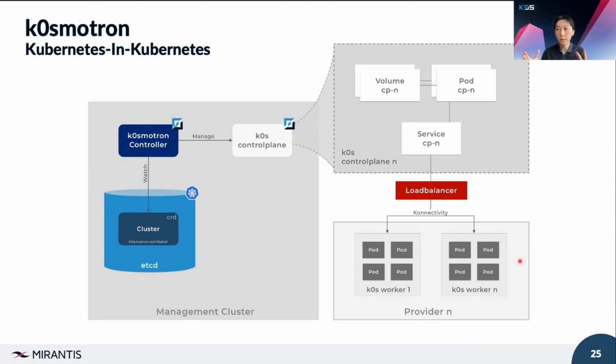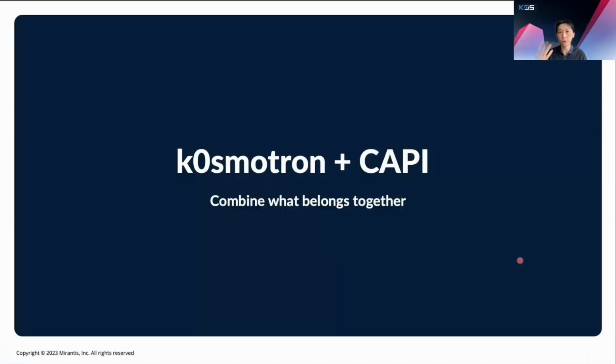With just the control planes, okay, we've simplified the control plane management, but you still need to deploy your clusters. So in conjunction with Cluster API, which is also a CNCF project, we've made the cluster deployment much simpler for you as well. These are essentially things that should have been together since day one, right?